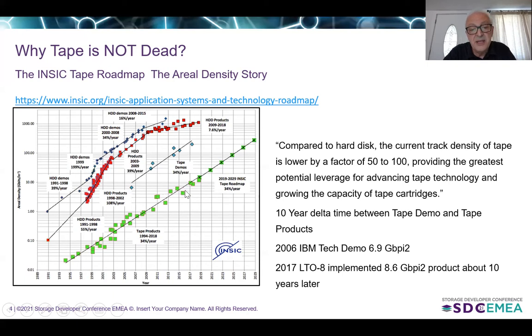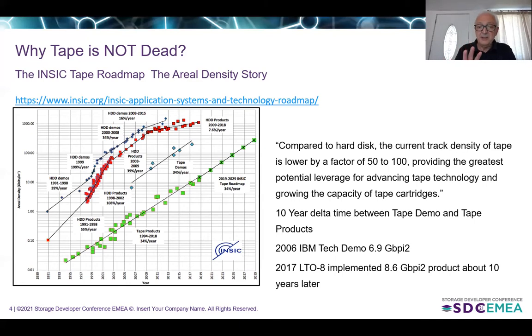And about 10 years later, LTO-8, in 2017, achieved 8.6 gigabit per square inch in actual product in volumes. So about 10 years later, we have a durable, reliable LTO-8 product at scale with slightly higher density than what was demonstrated by the technology demo 10 years ago. So there is proof of existence that technology demos do feed the actual products, especially with LTO.